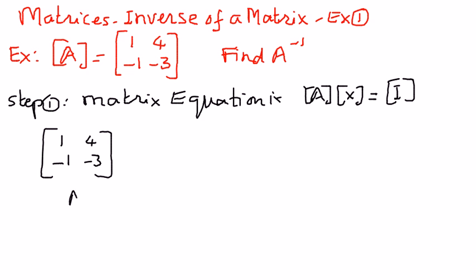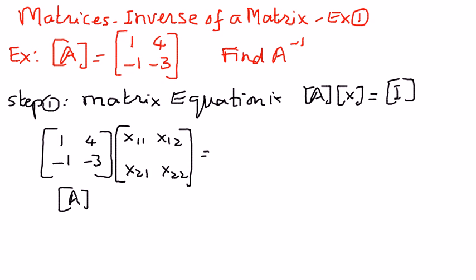This is our matrix A, and then the X matrix, we'll write the variable terms as x11, x12, x21 and x22, like that. And then I is the identity matrix. Since the given matrix is a 2 by 2 matrix, we're going to write the identity matrix as a 2 by 2 matrix as well, and we can write that as 1, 0, 0, 1.